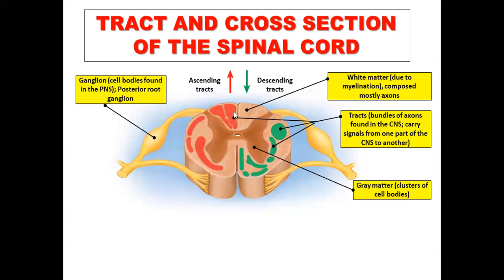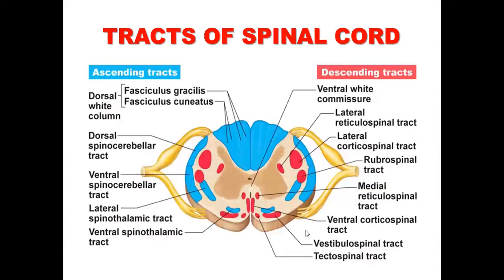Here is fasciculus gracilis and here is fasciculus cuneatus. And in the lateral white column and anterior white column, we have both ascending and descending tracts. In this picture, also showing the posterior white column contains only the fasciculus gracilis and fasciculus cuneatus, and here is the lateral white column and anterior white column.